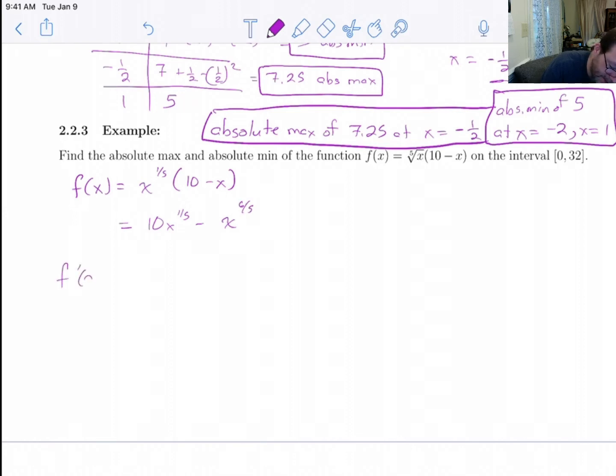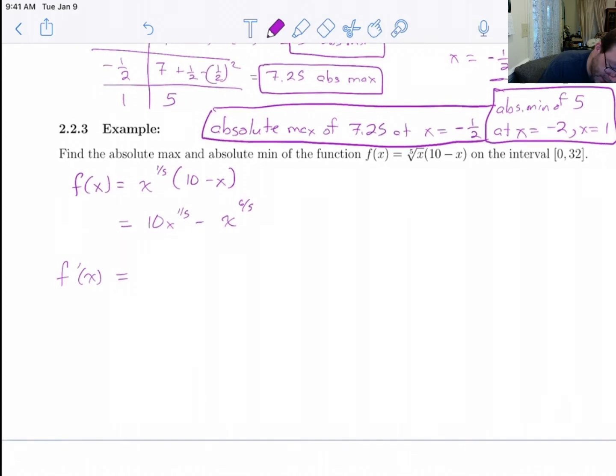And so my derivative is going to be, let's see, 1/5 times 10 is 2. 1/5 minus 1 is -4/5. This will be 6/5 x to the 1/5, like this.